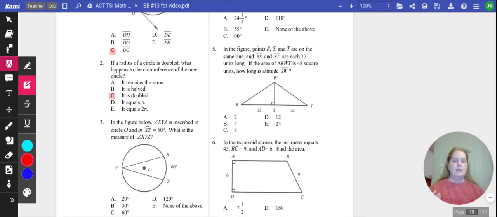Now, what point am I getting at? Well, if it was talking about if the radius is doubled, what happens to the area? Remember, area is like pi r squared, it's got squares in it, centimeters squared, feet squared, inches squared. It's got the little 2 up there. It would be doubled squared. So it'd be 4 times bigger. 2 to the 2 is 4. So my answer would be 4 if it was area.